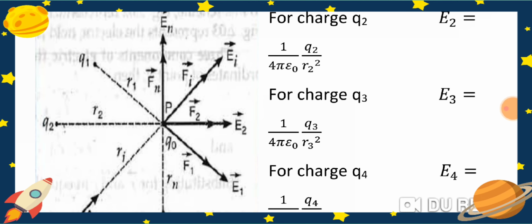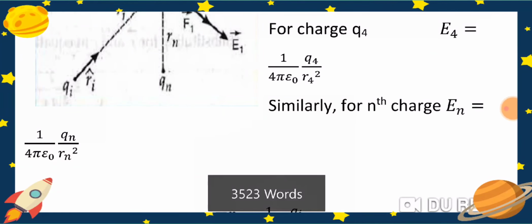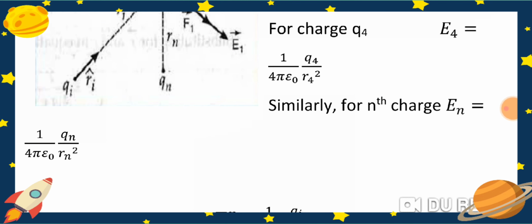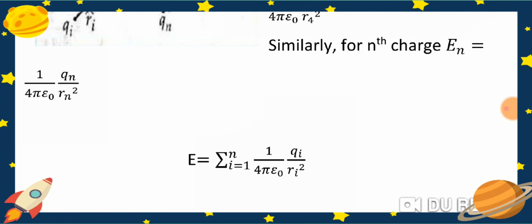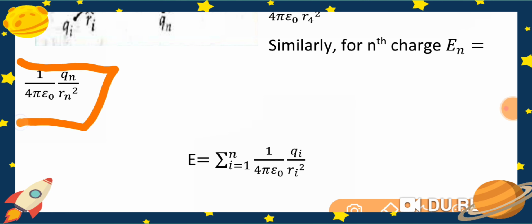Similarly, the electric field due to charge Q3 will be E3 equals 1 upon 4 pi epsilon naught Q3 upon R3 square. This process can be continued up to the nth charge, and for the nth charge we have En equals 1 upon 4 pi epsilon naught Qn upon Rn square.